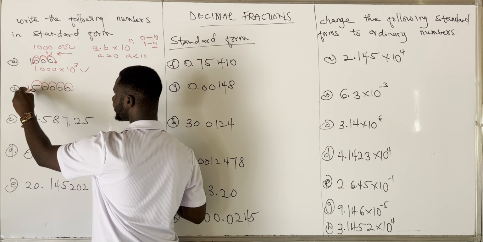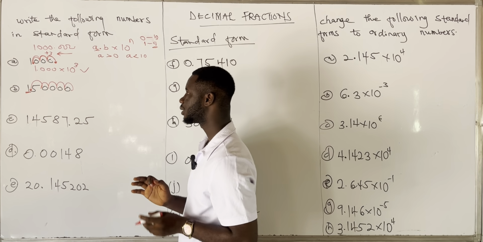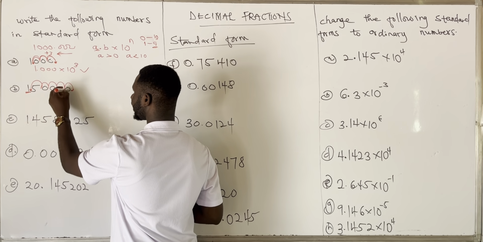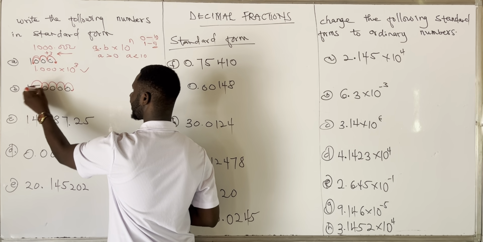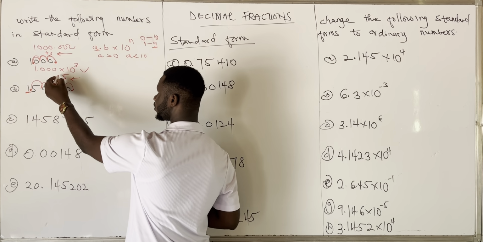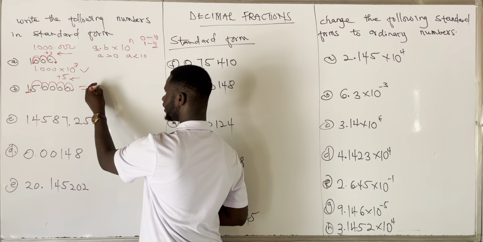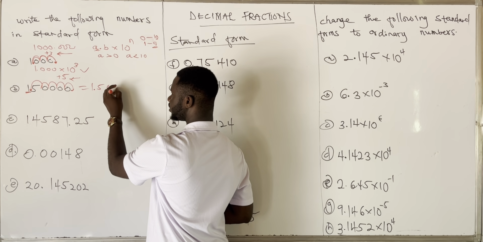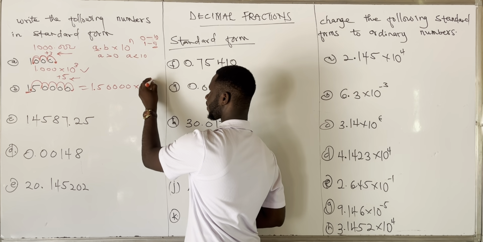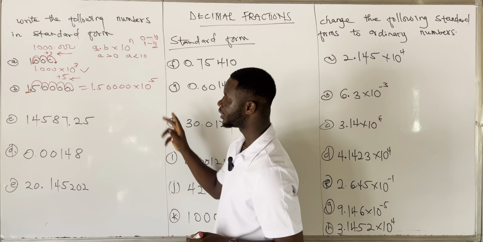If I move it here, the a will be less than 10, but greater than 0. How many times did we move? 1, 2, 3, 4, 5. Five, and we moved to our left, so we are going to get a positive power. So our answer is going to be 1.50000 times 10 raised to the power positive 5. Okay, so this is what you are going to get for the second one.